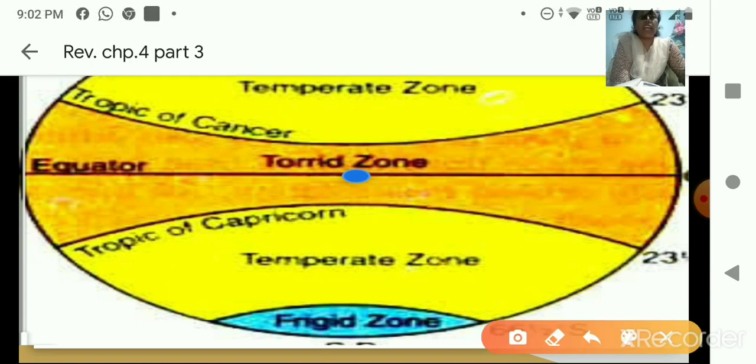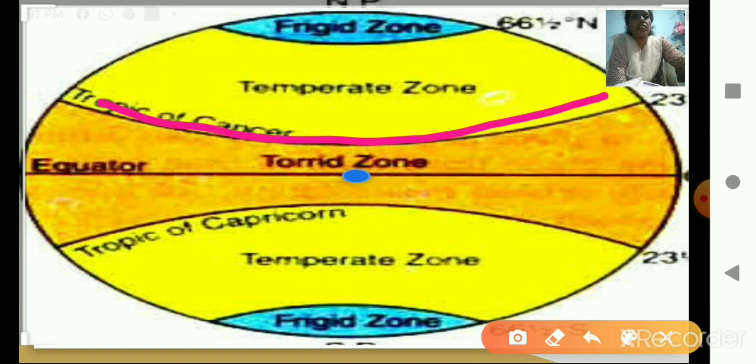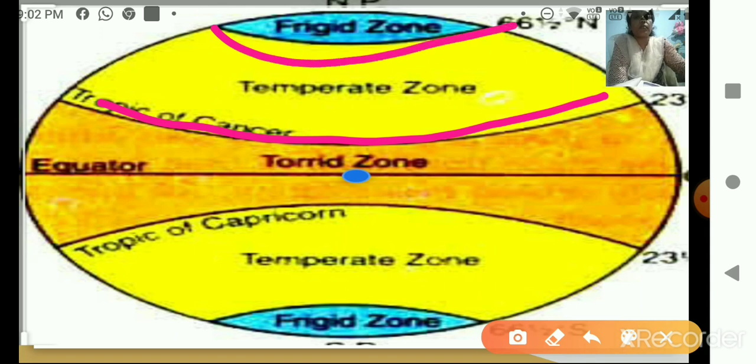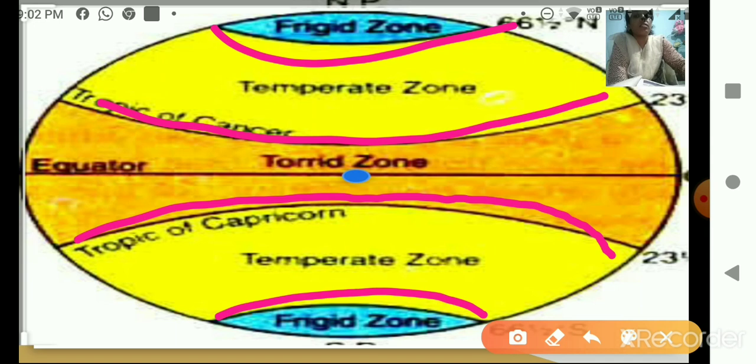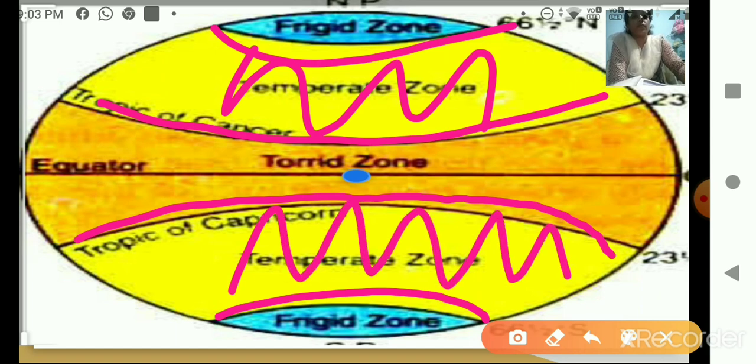The areas that lie between the Tropic of Cancer and the Arctic Circle in the northern hemisphere and the Tropic of Capricorn and the Antarctic Circle in the southern hemisphere are called temperate zones.